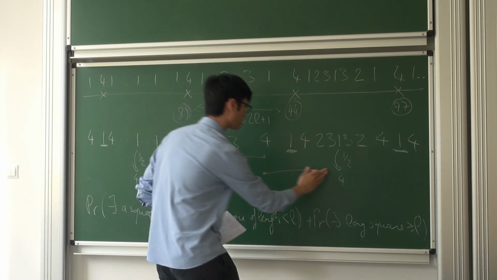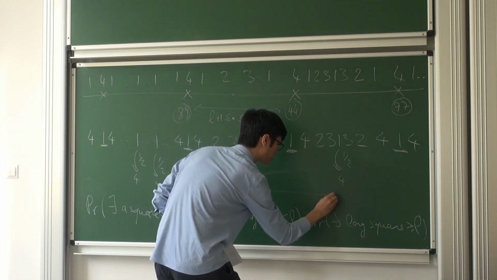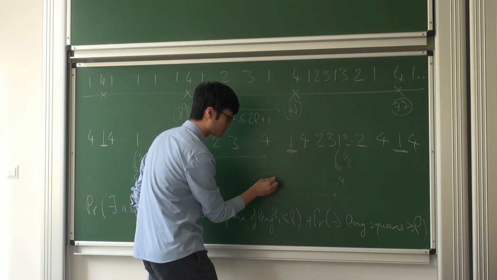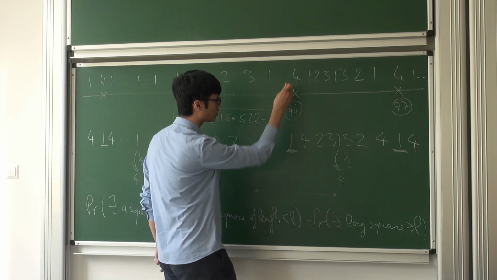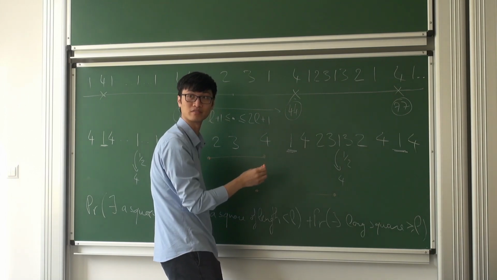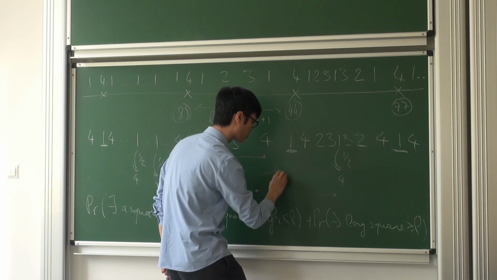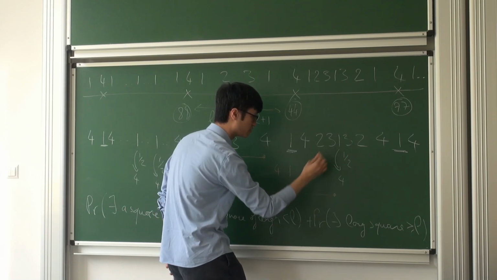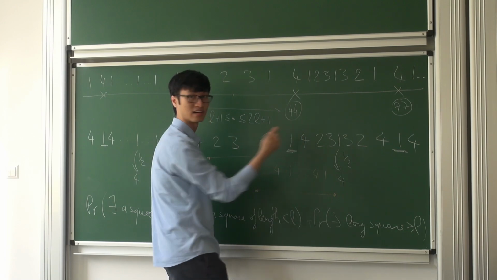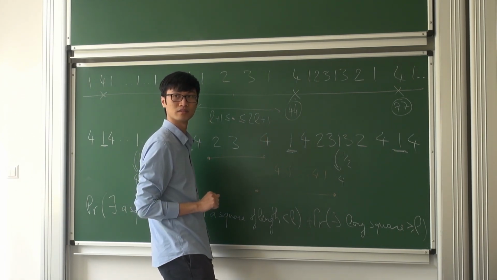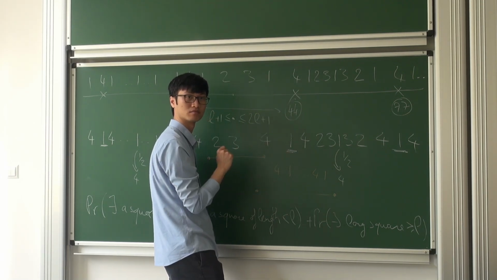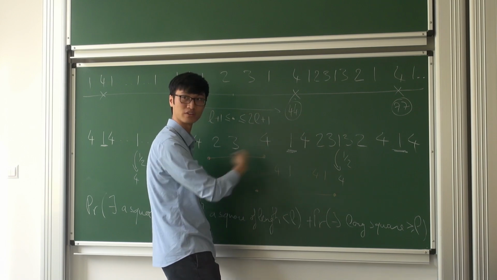So how can there be a square here? Well, the square has to involve somehow this 4, 1, 4 thing. Maybe it involves 4, 1. By involve, I mean this appears later on. Or maybe it's the other side. But these have to participate in my square. If it's cut off here, then it's only on one side.